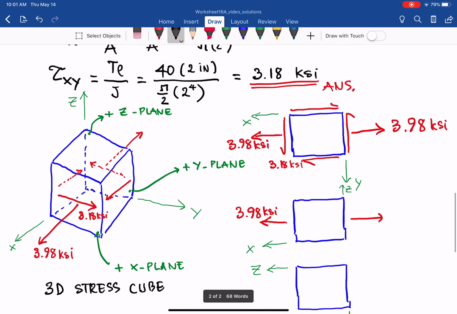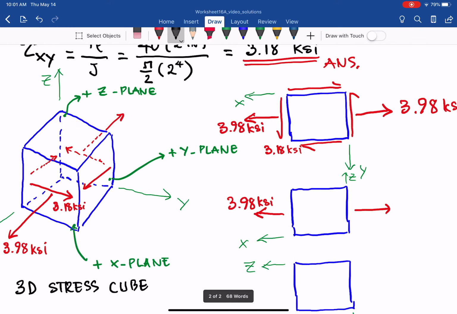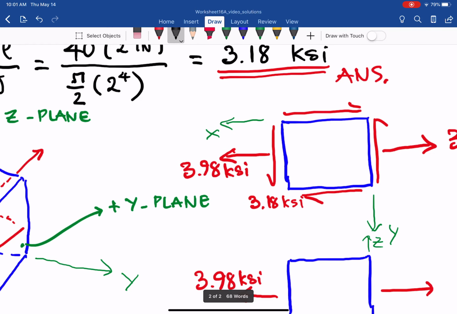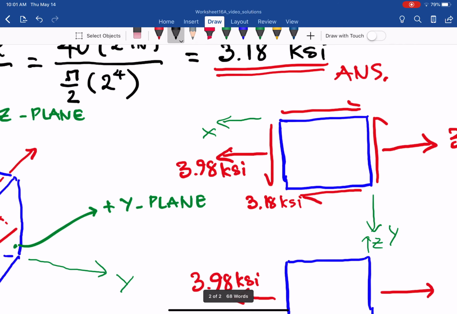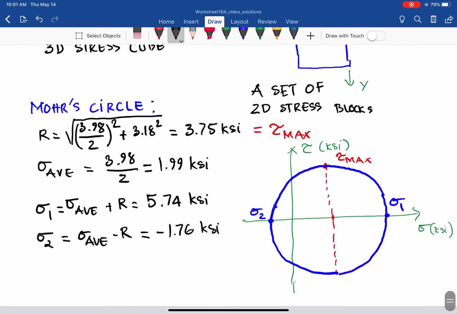And where are the x plane and y plane? The positive x plane is, as you can see, 3.98 KSI for sigma, and on the left, that is the positive x plane, and that creates what? Counterclockwise. The tau xy creates counterclockwise for the block. When it is counterclockwise on the Mohr circle, it is negative. So we have that 3.18.